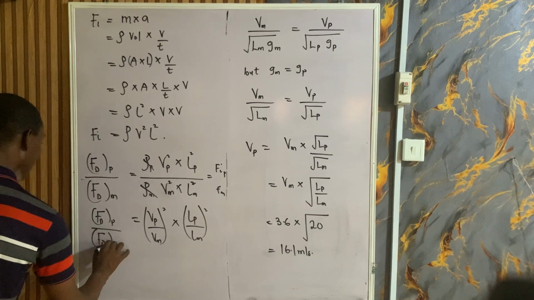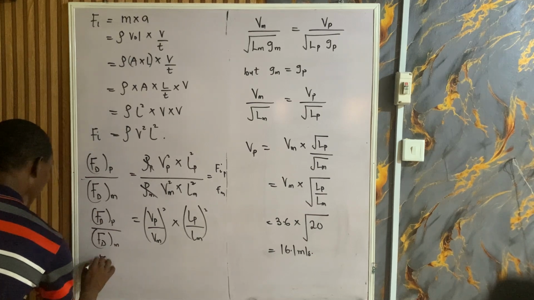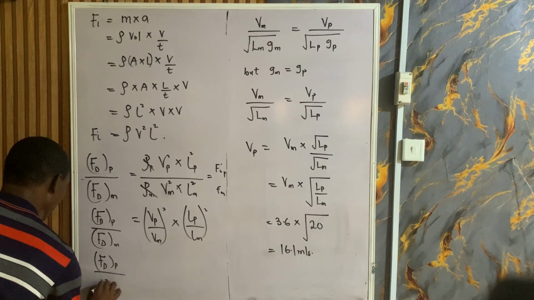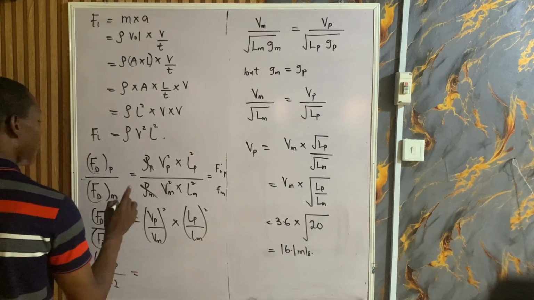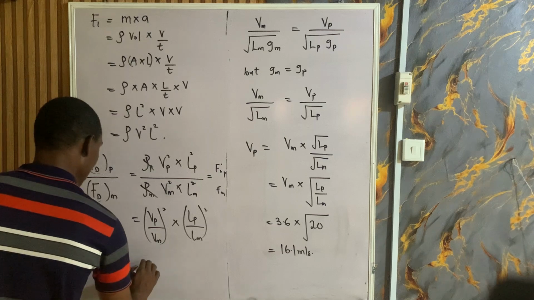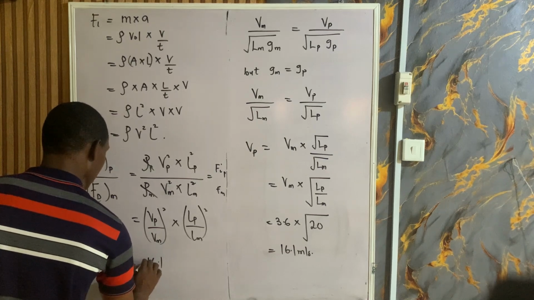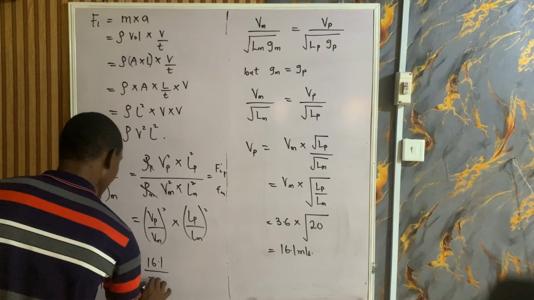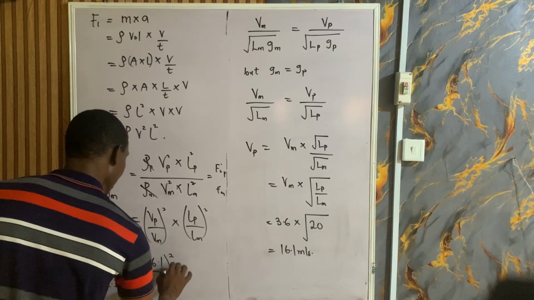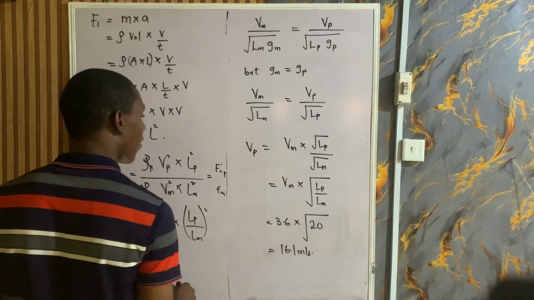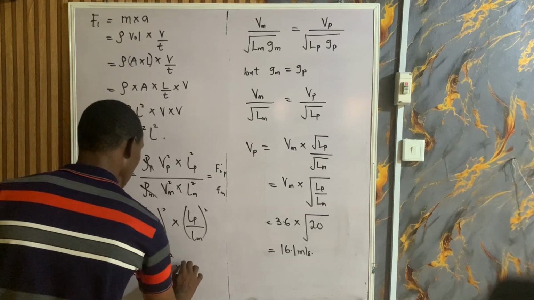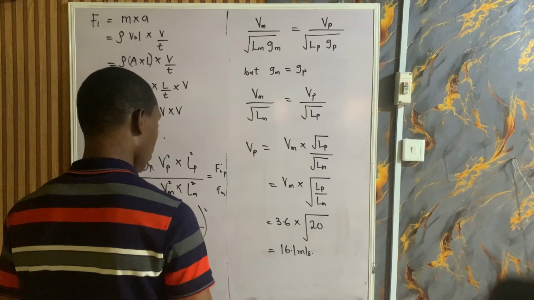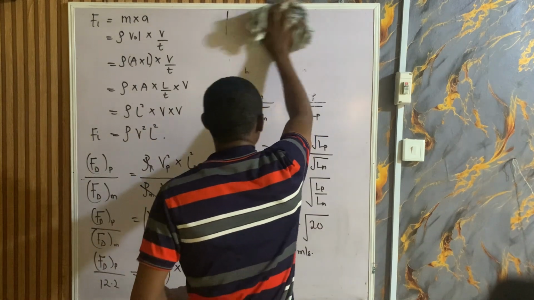Now let's put in our values. The drag force for the prototype is what we're looking for. For the model, it is 12.2, given in the question. Velocity for the prototype is 16.1 over the velocity of the model, 3.6, squared, times length of prototype over length of model, which is 20, squared.